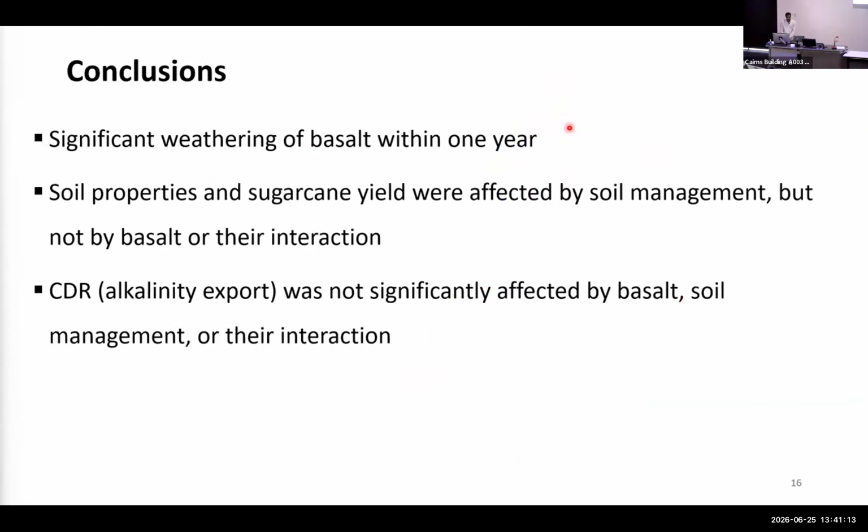As a conclusion, there was significant weathering of basalt within 1 year, as I mentioned with the sodium. Soil properties and sugarcane were affected by soil management, but not by basalt or their interaction. The CDR was not significantly affected by basalt, soil management, or their interaction.